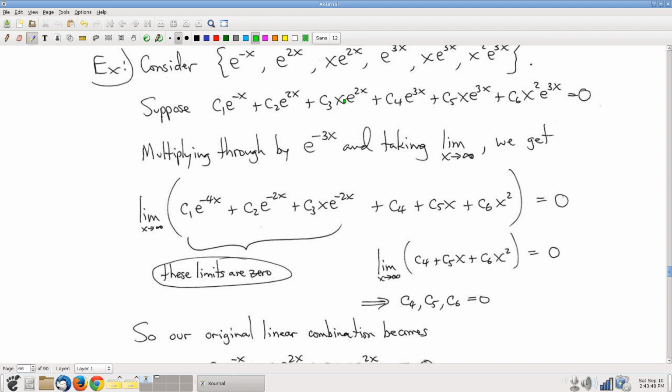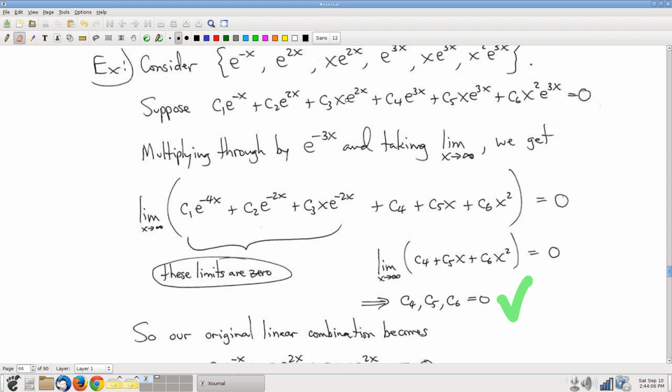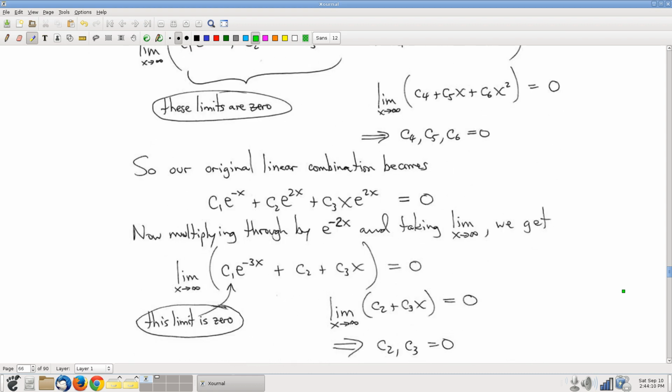And so this move here, this move of multiplying by e to the -3x and taking a limit as x approaches infinity, is simply a way of getting these out of the way so that I can isolate those terms in particular. And conveniently, an easy conclusion can be drawn at that point. So that's the idea. So how do we apply that same idea now here to this equation?